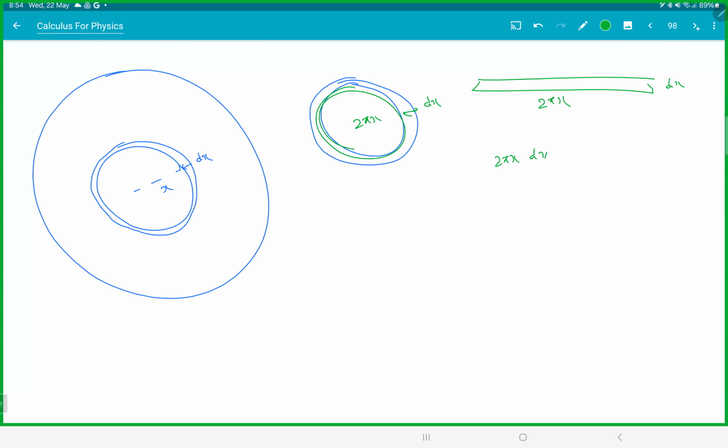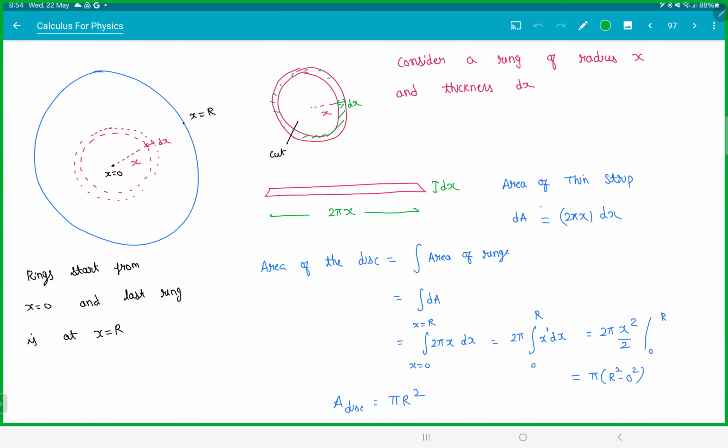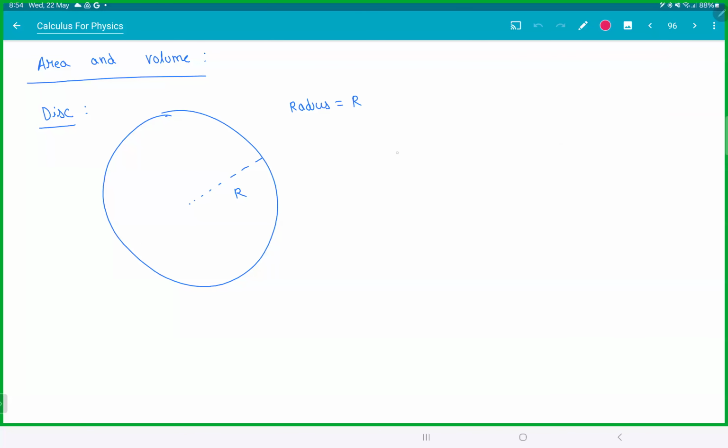Then we integrated this, and x dx became x square by 2, giving 2 pi x square by 2. The important thing is the limits. Limits go from 0 to r, because the starting ring is at 0 and the outer ring is at r, and this gives pi r square. Please have a look at the steps. The important thing is, whenever you see a disk, the elements you have to take are rings.